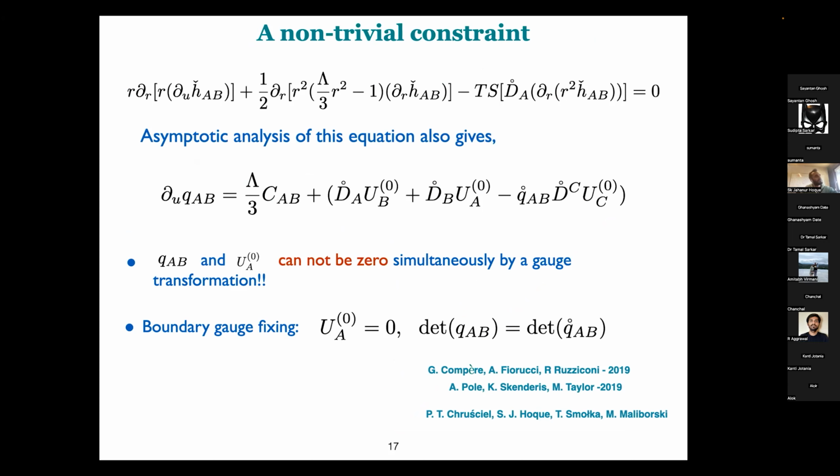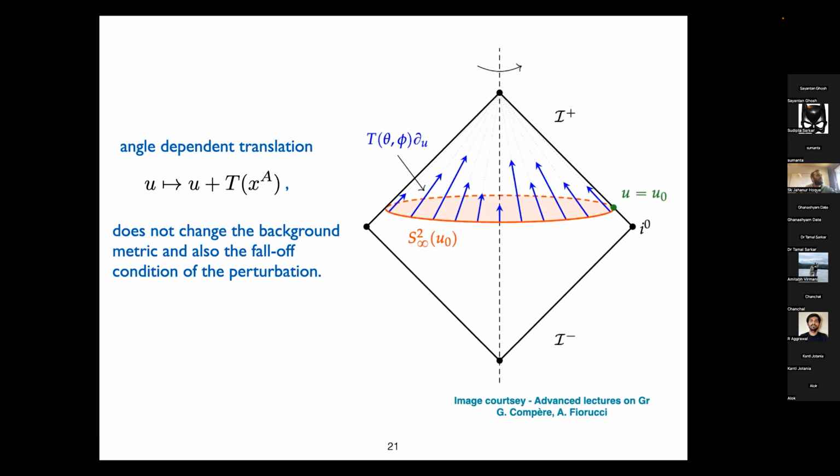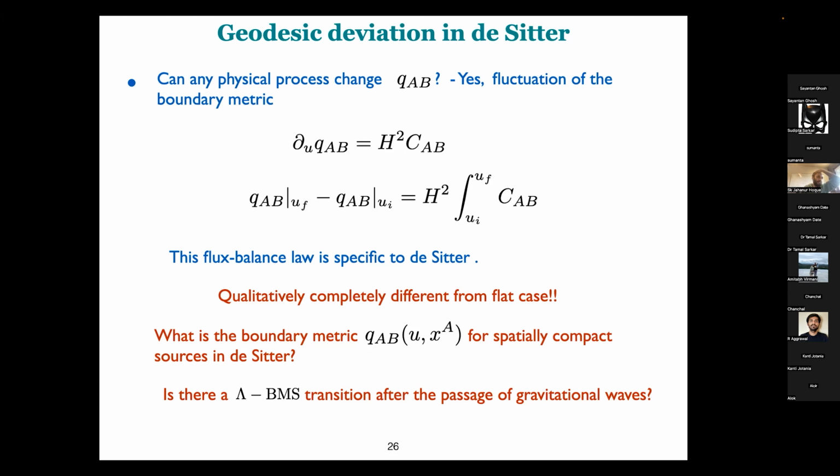I mean, this is completely a new flux law for de Sitter. So there is no analog of this balance law in flat spacetime. So if you want to compute what is my QAB initial and QAB final, you just integrate this equation, right? Then you compute what is the UI and UF.